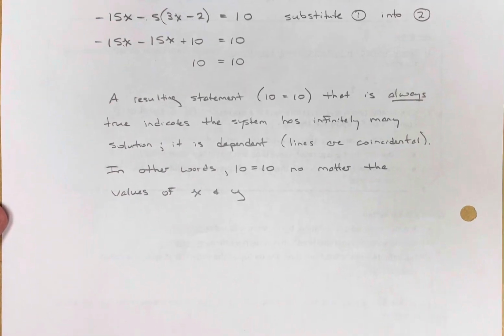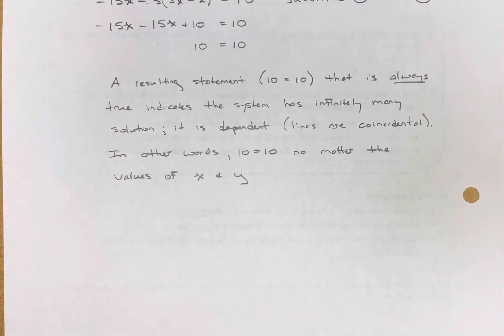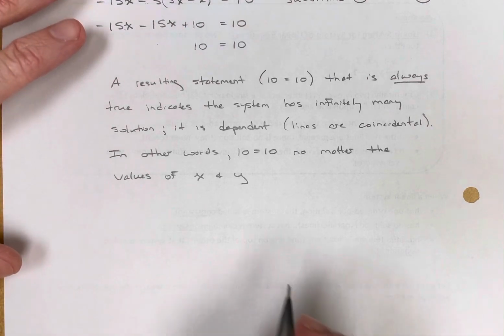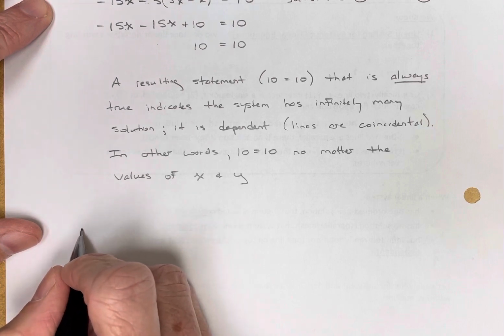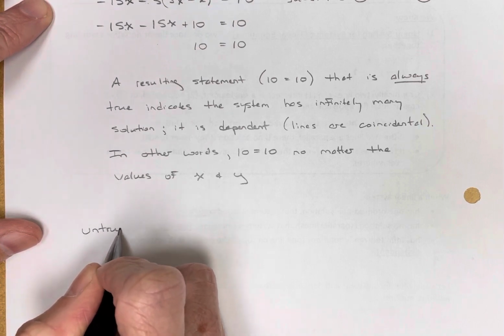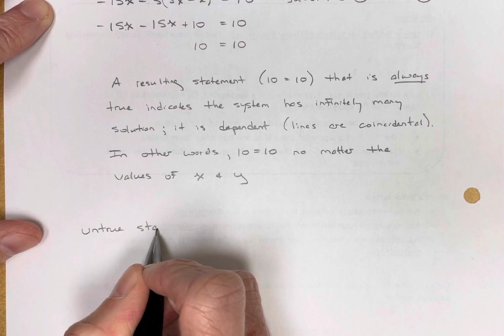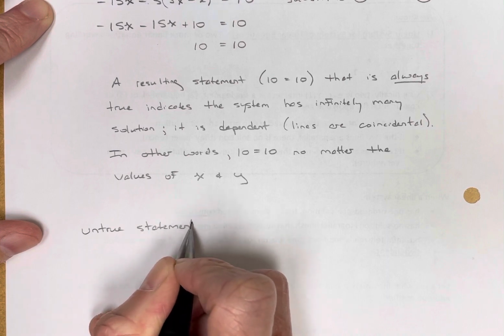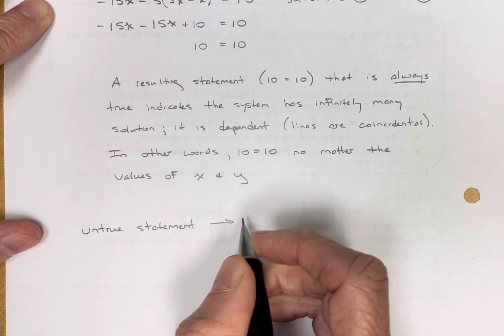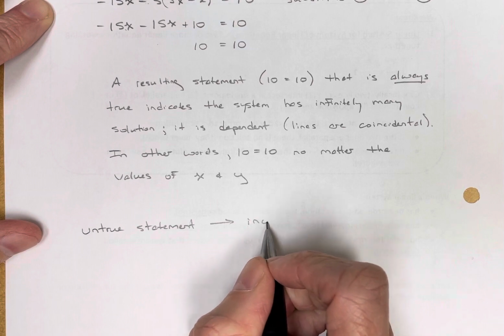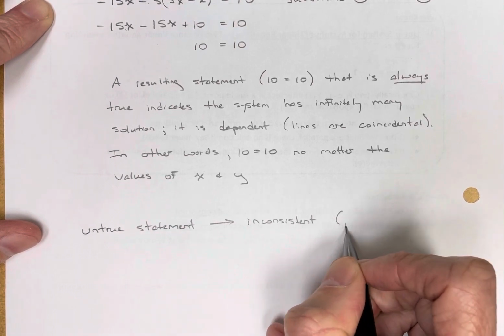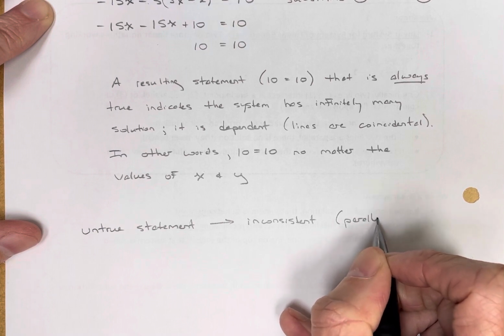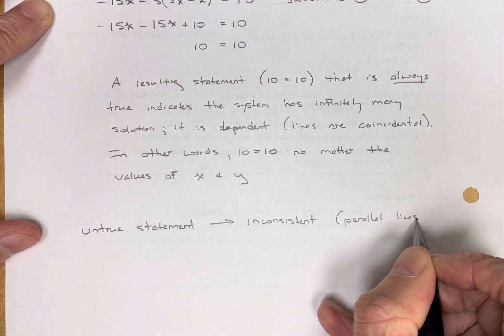So that's what you're going to see algebraically when you're running across inconsistent systems and dependent systems. So let's summarize that briefly here. Untrue statement is telling us we have an inconsistent system, parallel lines.